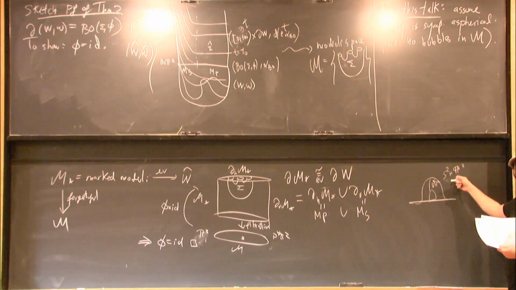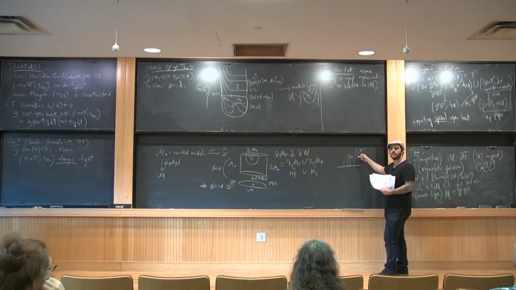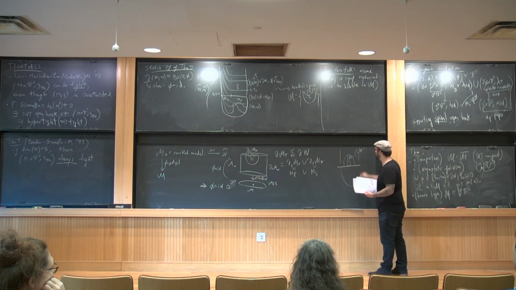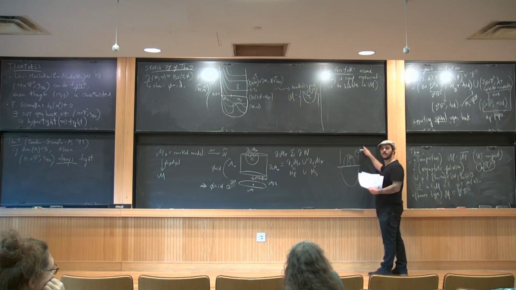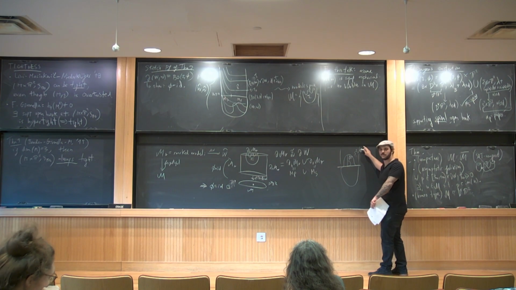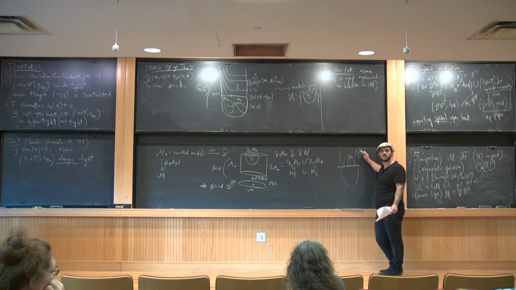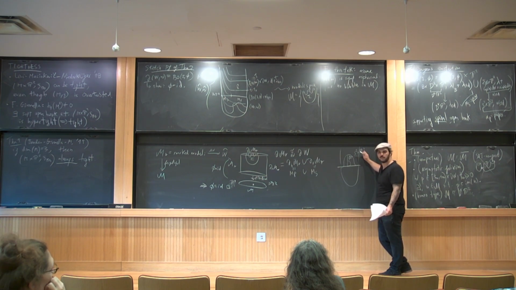And now I have a T3, which in dimension 4 I would only have an S1, right? So I have an S2 times S1. And when I complete this, the point is that the completion of the T3 has a lot of holomorphic cylinders which were not there in the 4-dimensional situation. In the 4-dimensional situation I only see trivial cylinders. And here there's a whole moduli space, this Wendl family of holomorphic cylinders.